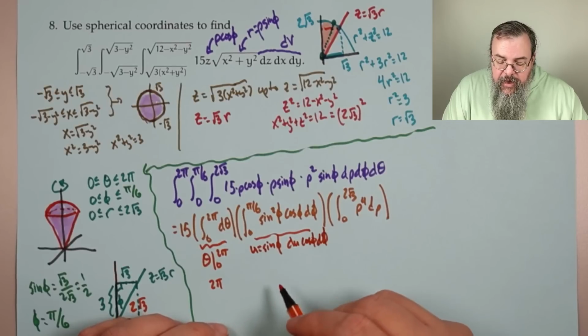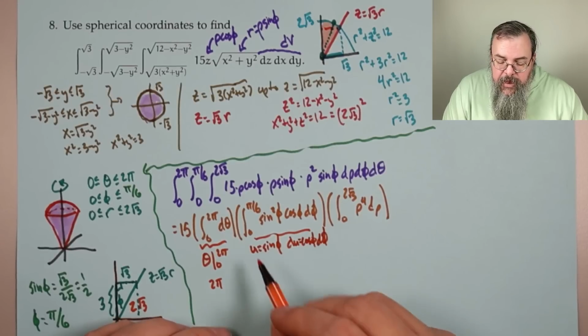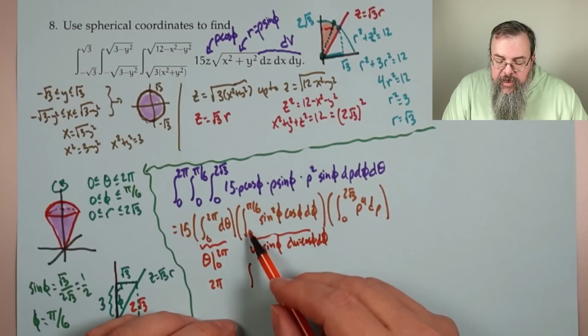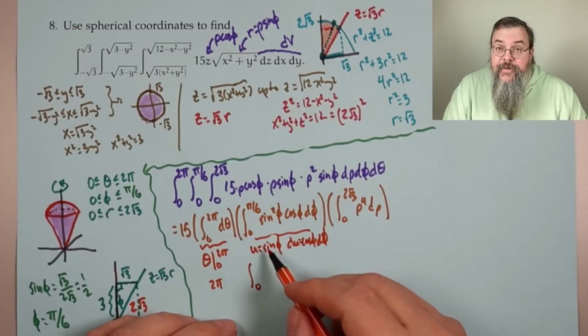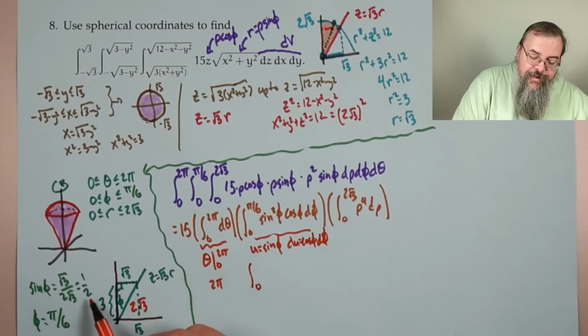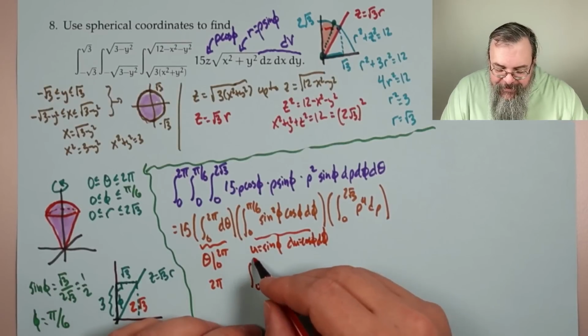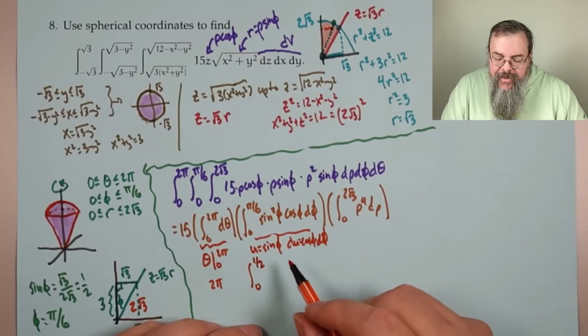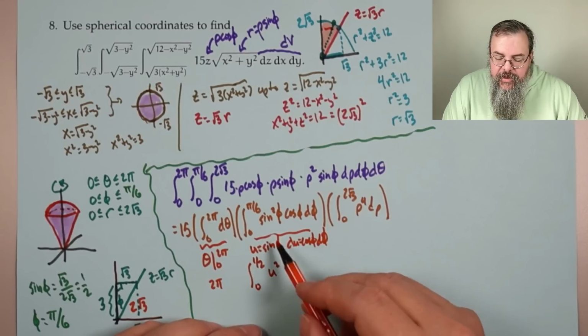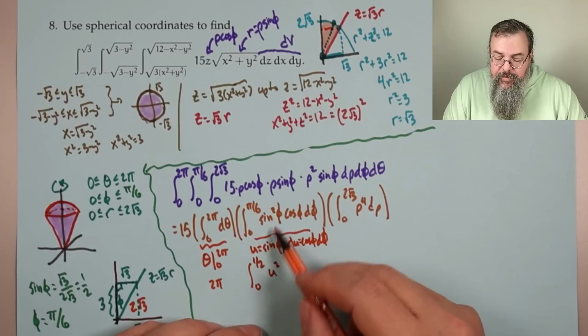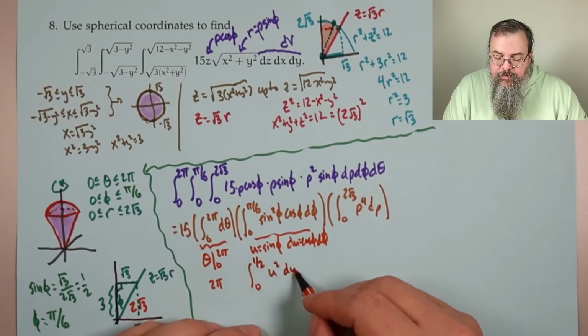So what do we have? We have integral. Sine of 0 is 0. Sine of pi over 6 is a half. We did that before. And then we have u squared, right? Sine squared becomes u squared du.